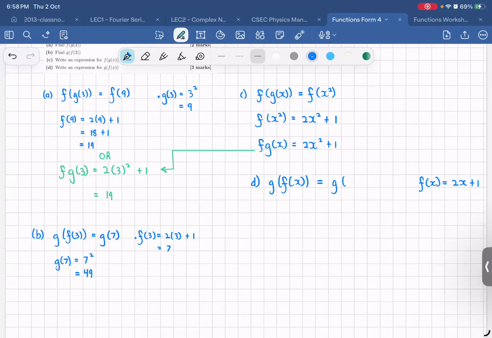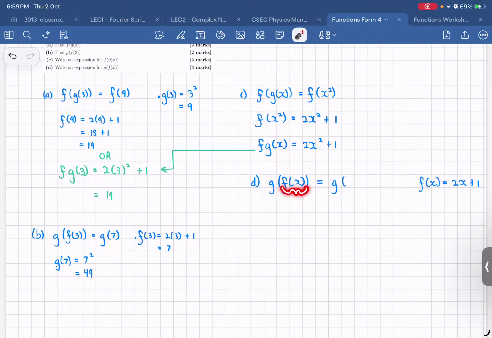You know what f of x is? You could do it. Come on. Wait, look at this carefully. Okay, Keshava, what's inside the function here?